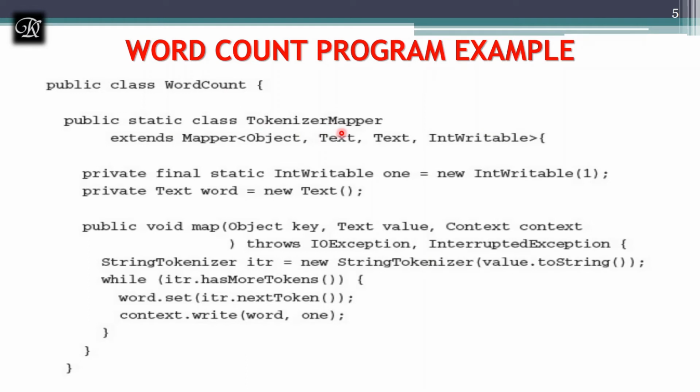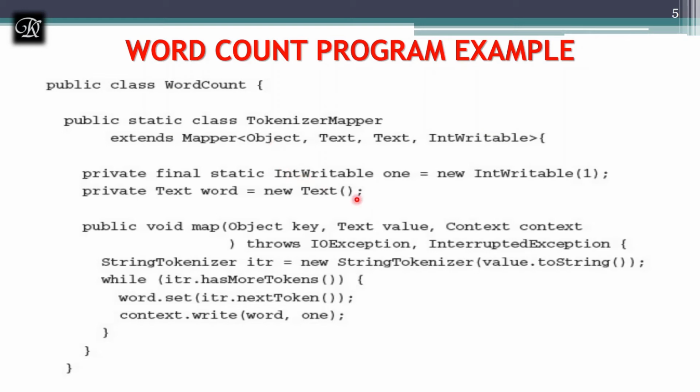In the mapper, you can notice that I'm creating a generic. It extends the Mapper which is already there in the Hadoop library. I think you are aware that when you use the greater than and smaller than brackets, it is nothing but a generic.